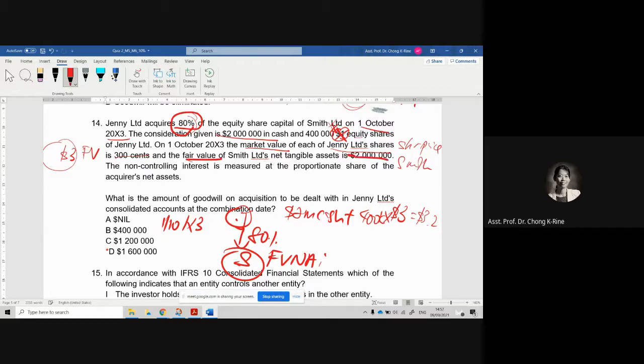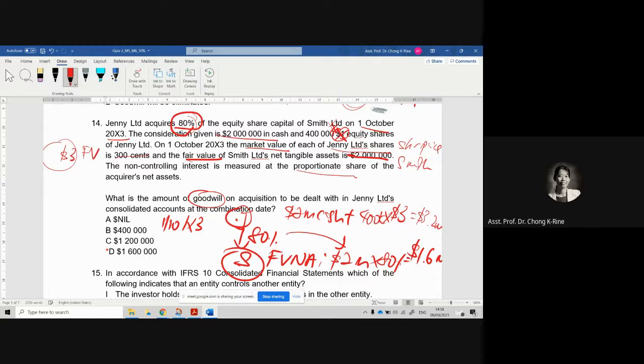Okay, we are going to use the proportionate method. So proportionate method, the goodwill is the parent's goodwill. The other name is partial goodwill method. So what we will do is the fair value of identifiable assets of the subsidiary is 2 million. However, we only own 80%, so you have to multiply 80%, which is equal to 1.6 million.